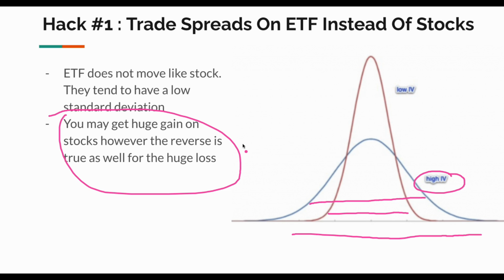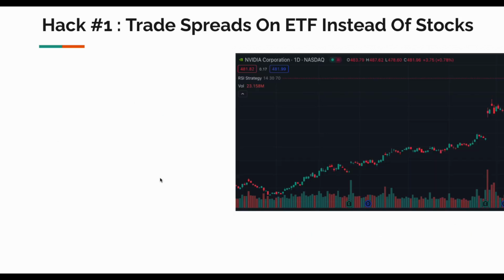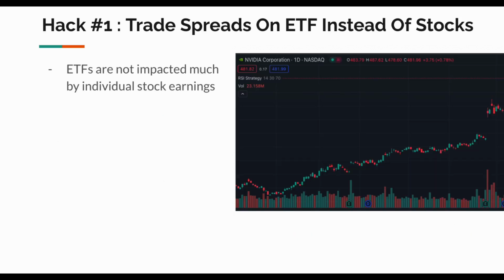But in case of an ETF, your risk would be low and you will have much more time to react, because the move is not that instant. So you can always adjust your position based on where you see the market going in the coming week or month.